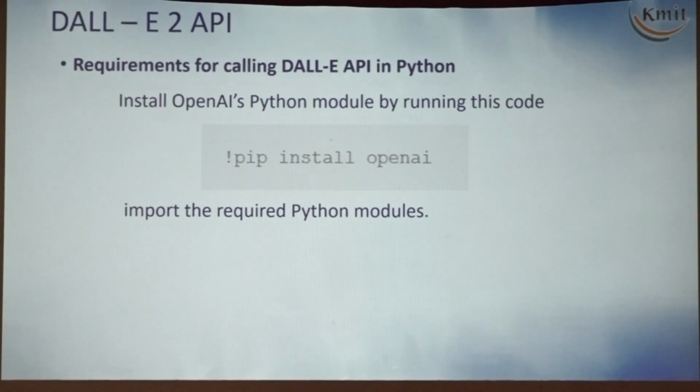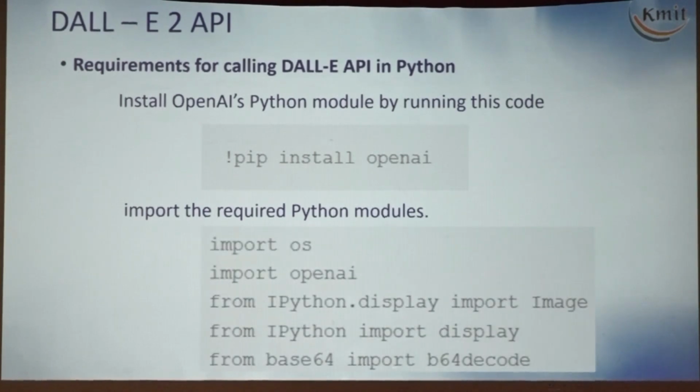Import the required Python libraries. These are the Python libraries that are required, and the last one is only to take the image features. Of course, we can change that to our regular image libraries.